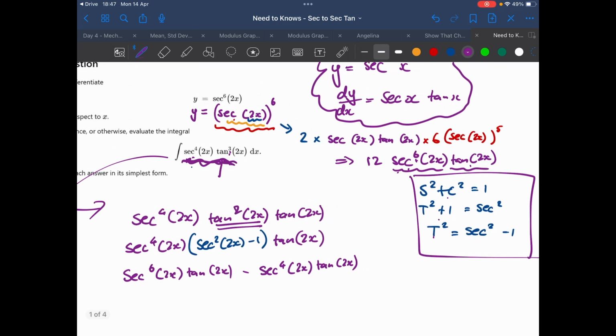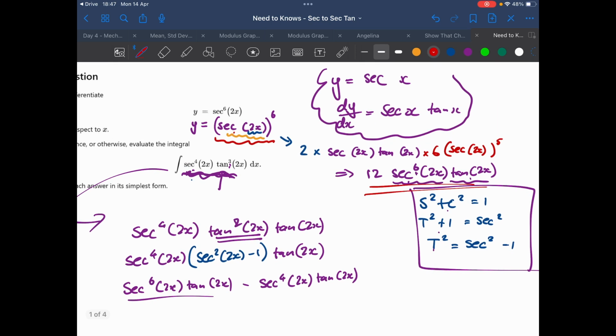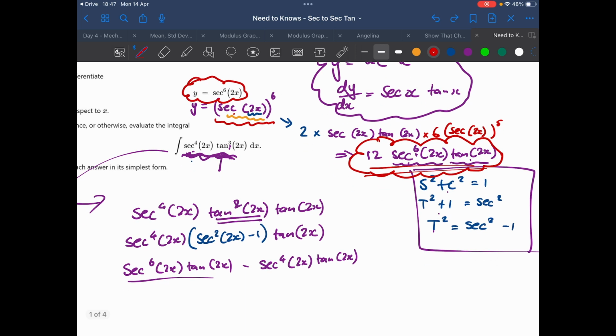Now notice that the one on the left is looking really similar to what I got up here. I know that this differentiates to this. So I also know that this integrates to this. It works both ways. The only problem is this is 12 lots. I only have one lot.